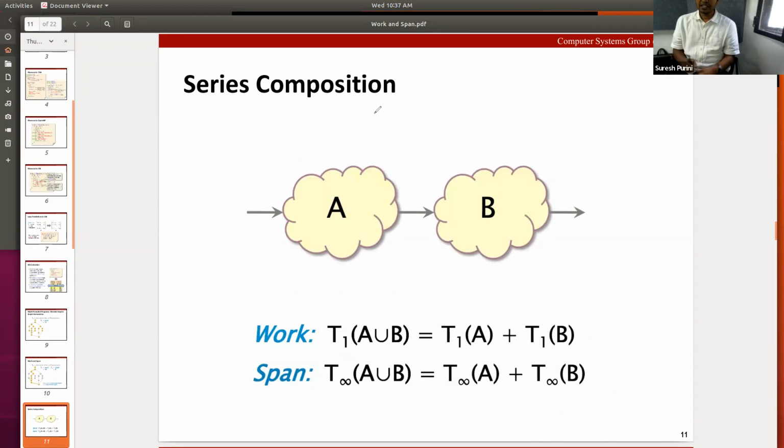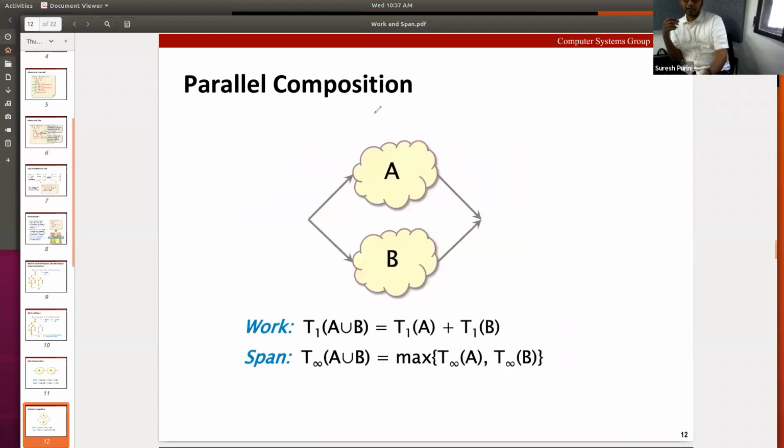Now let's say you have two parallel structures, A and B, and we put them together in series. The total amount of work is the amount of work you do in A plus the amount of work you do in B. The span is also the critical path length in A added to the critical path length in B. This is how we can compose two functions together in series.